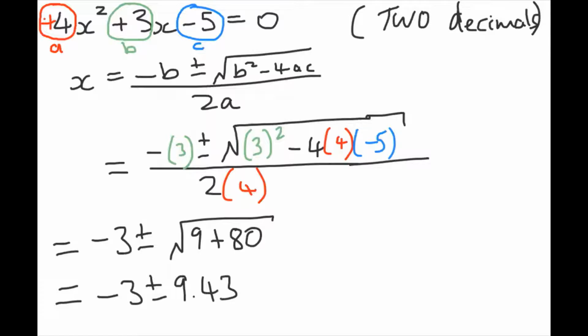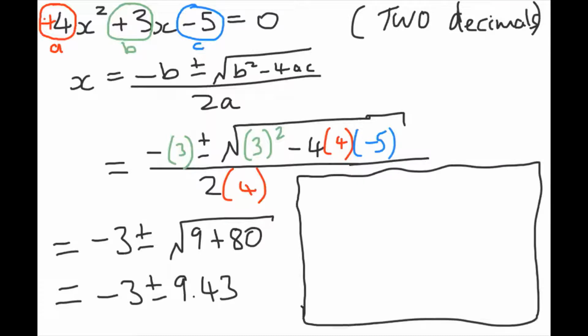So currently you sit with this. Let me just make a block over here. Now you have x equals minus 3 plus 9.43, and then you're also going to have x equals minus 3 minus 9.43.